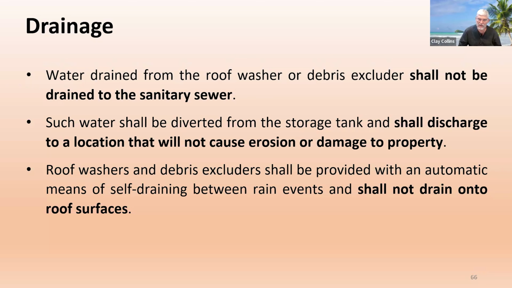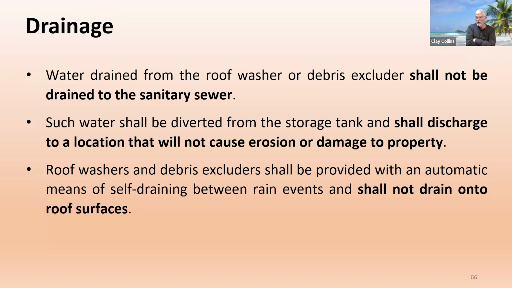Roof washers and debris excluders shall be provided with an automatic means of self-drainage and shall not drain onto roof surfaces. One of the reasons I like teaching these courses is it takes quite a bit of time to do all the prep for it.